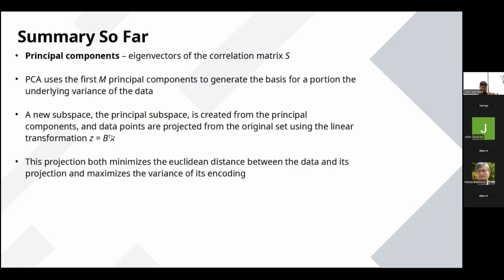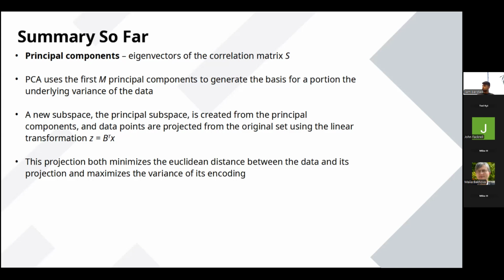I kind of think about this like linear regression in its simplicity. It's a very simple encoder. Minimizes Euclidean distance, maximizes variance. So with that in mind, I'd like to open it up to some questions, discussion.